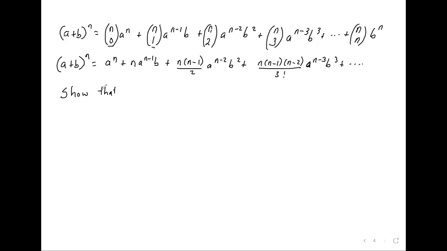Okay, show that n choose r is the same as n minus 1, n minus 2, n minus 3, all the way up to n minus r plus 1 over r factorial.